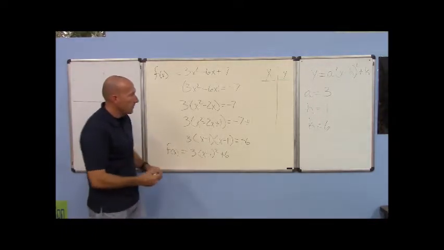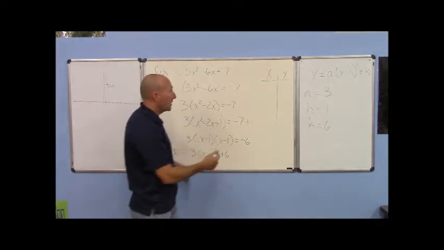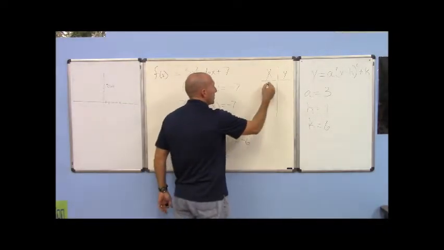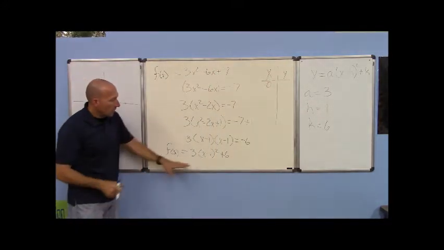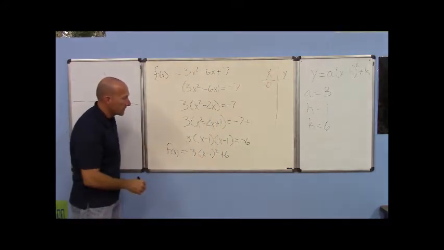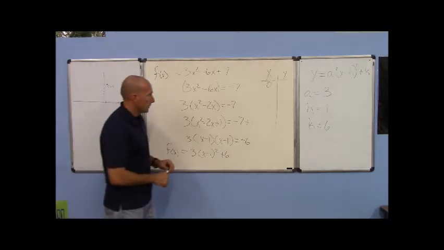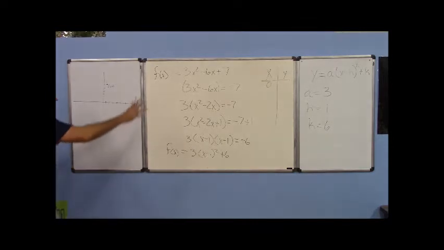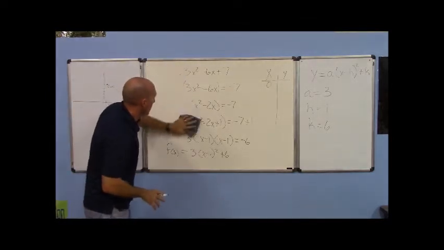So here, let's use 0 for right now. So if we have 0 for x, let's see. Does everybody have all of this top part? Okay, I'm going to erase this so we can work.